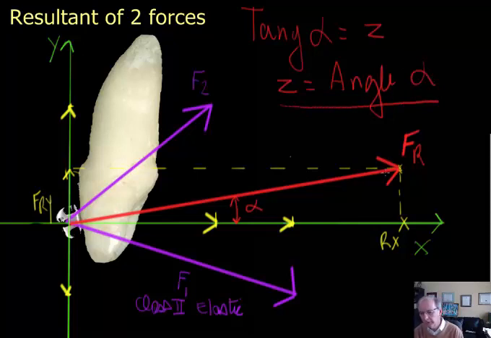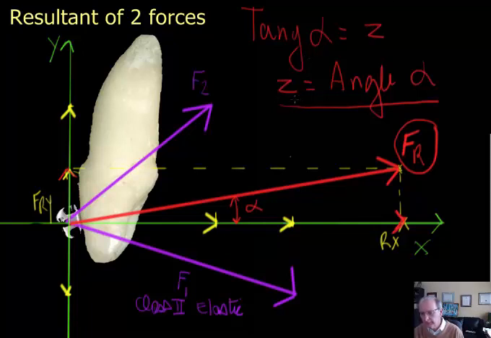So now by these simple calculations, we know the magnitude of the force in the x-axis right here, in the y-axis right there, which allows us to get the magnitude of FR by the combination of these two forces at the bracket level, and by a simple trigonometric calculation, which is tangent of alpha equals z.